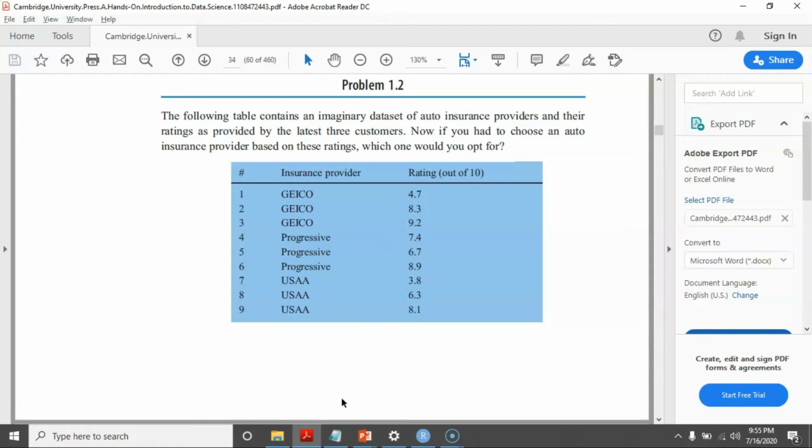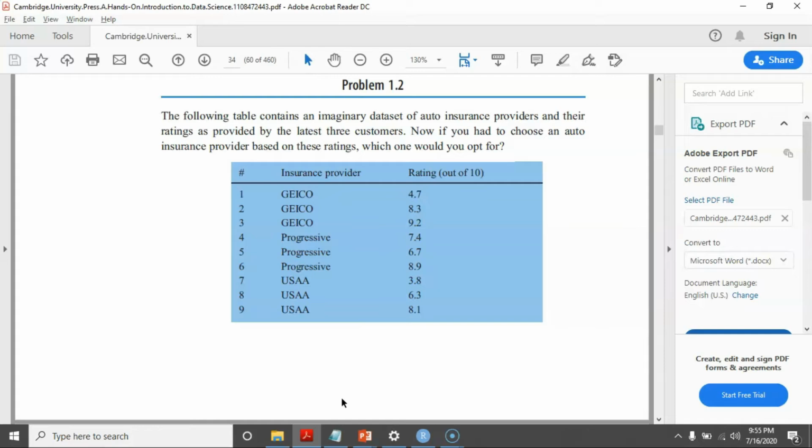Now if you had to choose an auto insurance provider based on these ratings, which one would you opt for? So the problem is again very simple. You have again 2 attributes only. One is insurance provider, the other is rating. And rating is out of 10, from 0 to 10, of course.